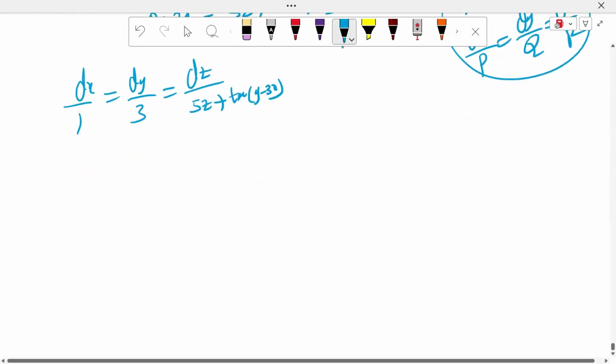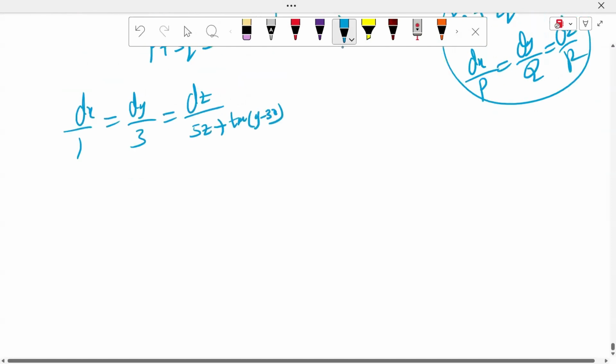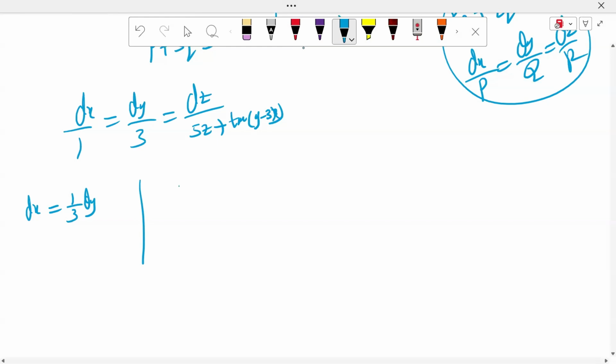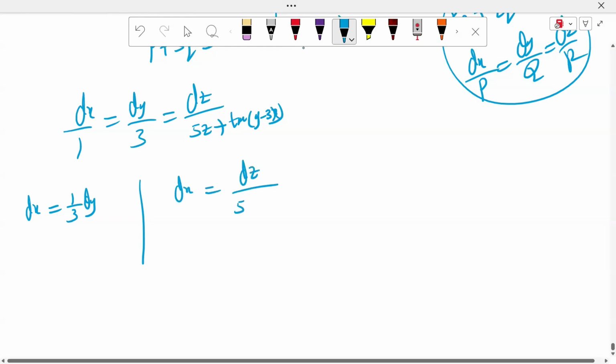We can take the first two fractions as equal: dx is equal to 1 by 3 into dy. We can take the other two fractions as equal. That is, 3 into dx is equal to dy.